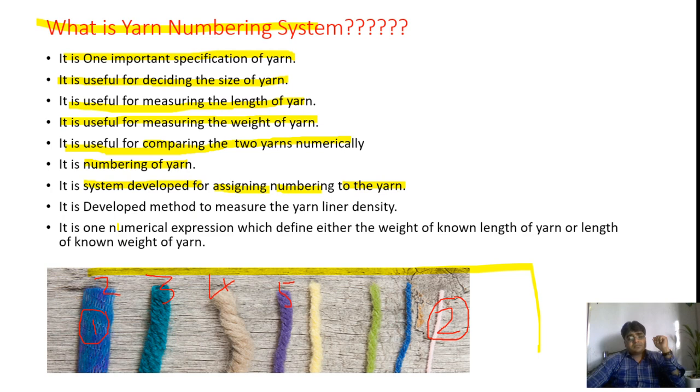If you look at the technical definition, it is a developed method to measure the yarn linear density. So this is the technical definition of a yarn numbering system. If somebody asks you what a yarn numbering system is, how would you define it? It is a measurement tool, and it measures the yarn linear density.